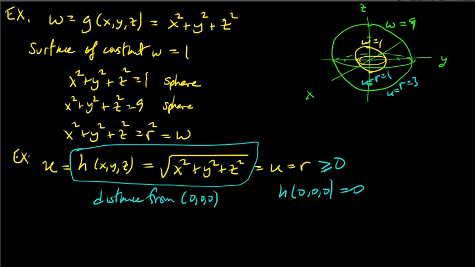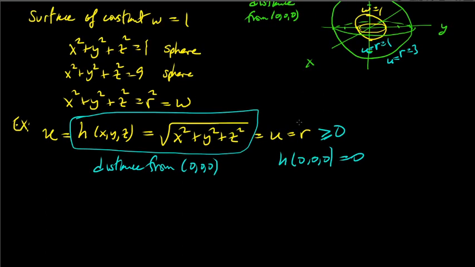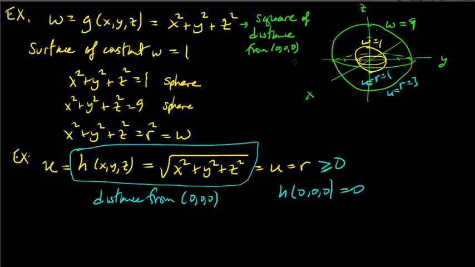And g is similar, but this is going to be the square of the radius, or the square of the distance from the origin, which means it increases more quickly than just the distance itself. In any event, these are also scalar fields.